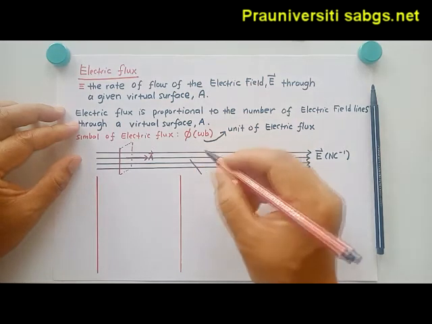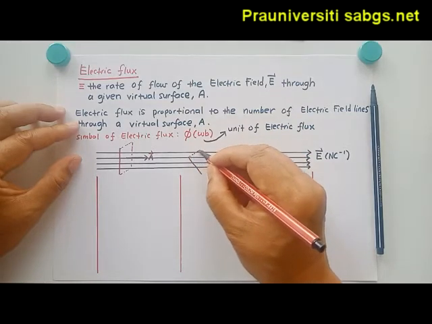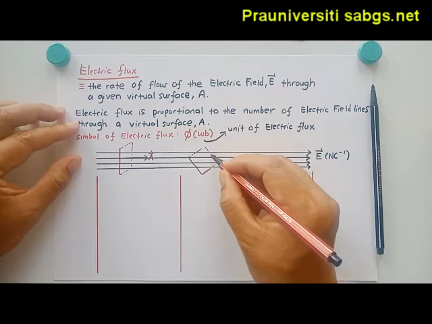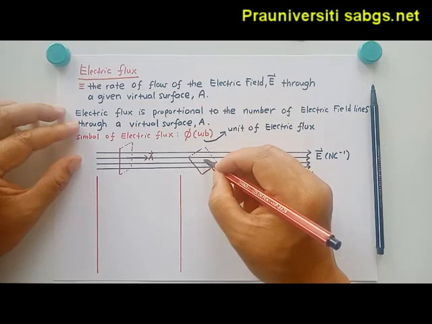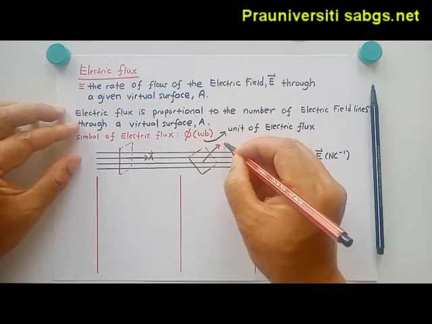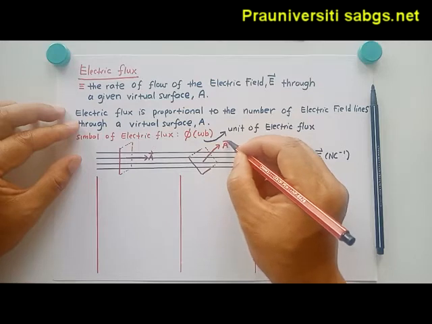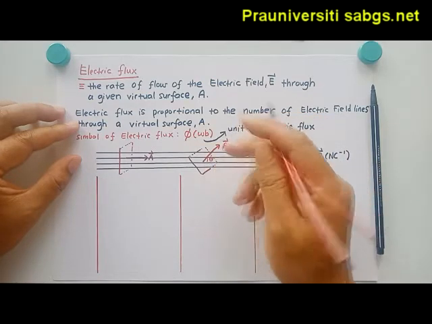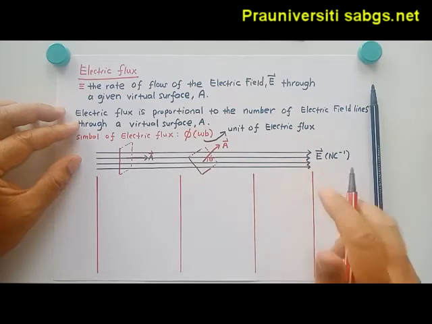Now is here. So the surface is this one. Here is the vector of the surface. Then we make it at angle theta with the electric field.